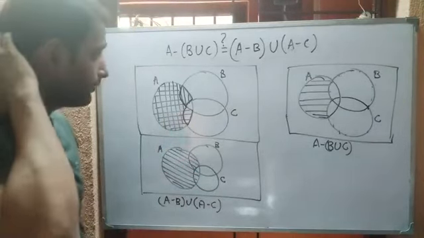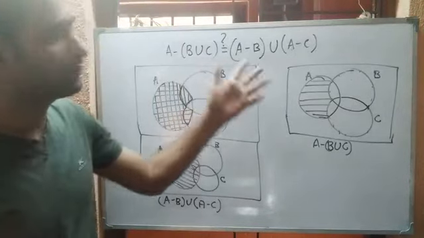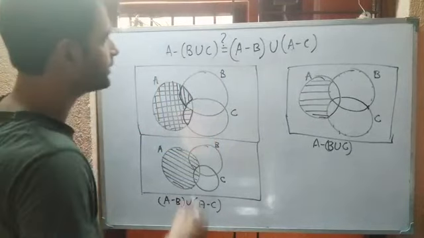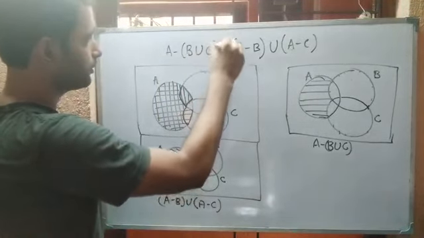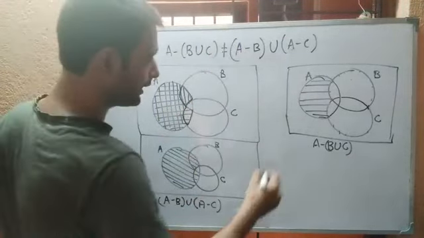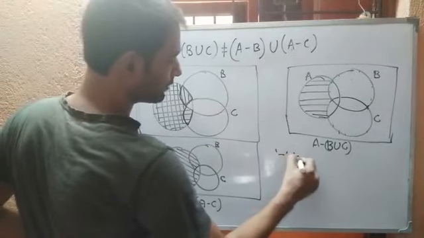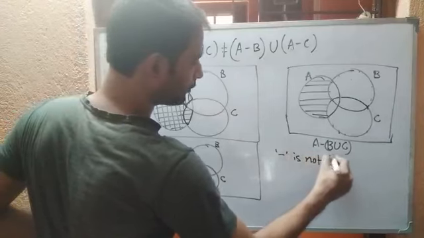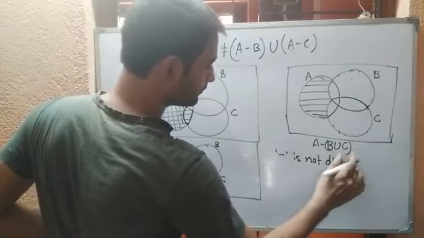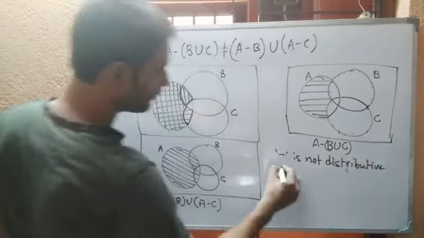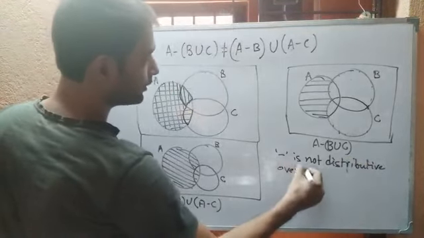So this is the verification for whether A difference B union C is equal to A difference B union A difference C, and you can see it is not. So what we can conclude is that difference is not distributive over union.